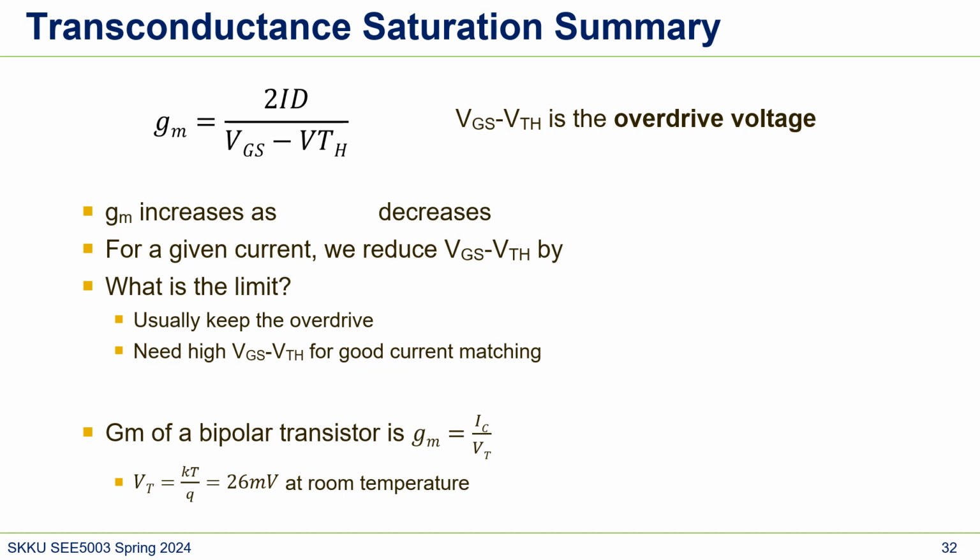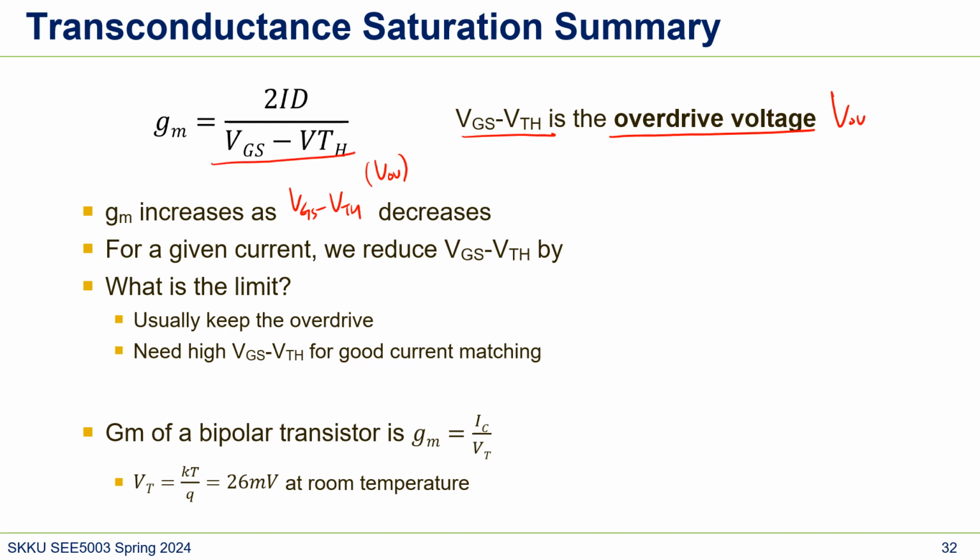GM looks like this, right? We call VGS minus VTH the overdrive voltage, VOV. This is very frequently used, so be aware of it. GM increases as VGS minus VTH, or VOV, decreases, because it's in the denominator.